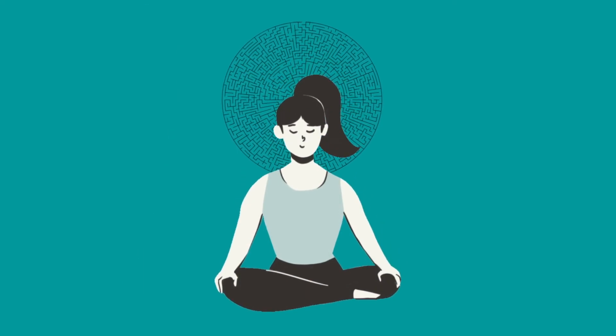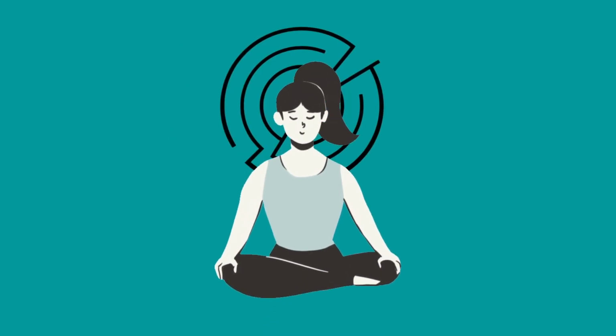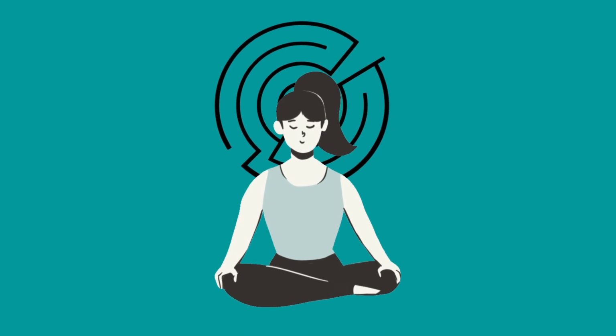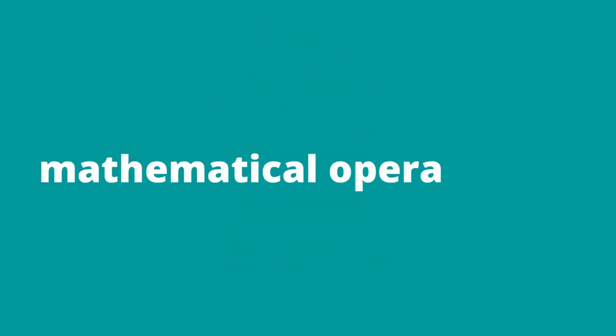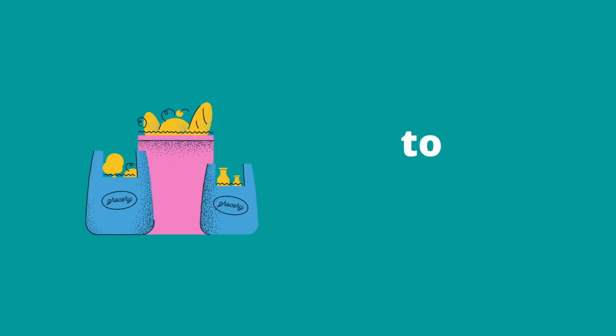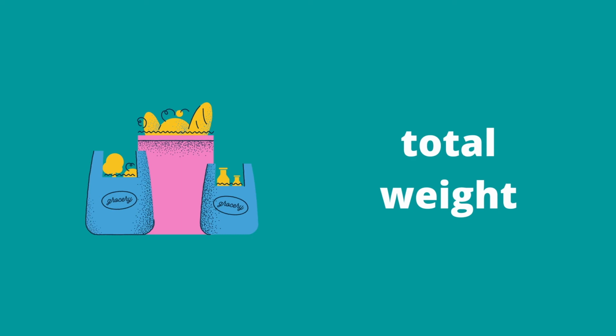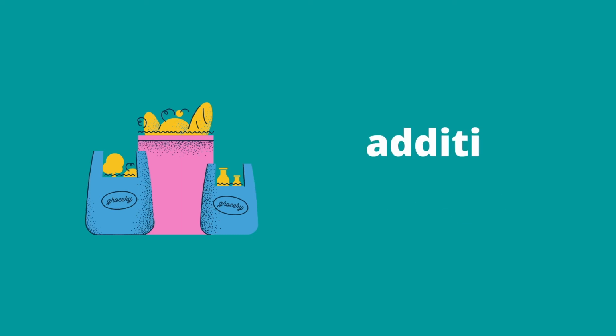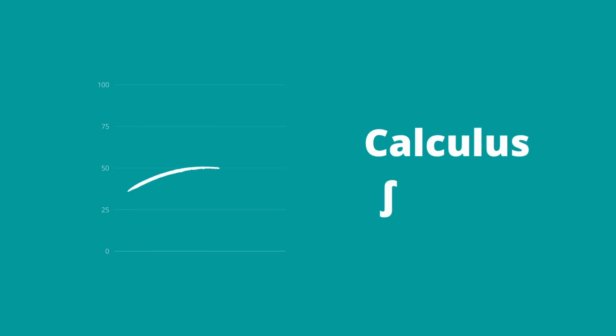This way of thinking and solving complex problems allows us to focus on one part at a time. As an example, take any mathematical operation or function. Say you want to add the total weight of your groceries. We use the addition operation. If we want to find the area under a curve, we use integral calculus.